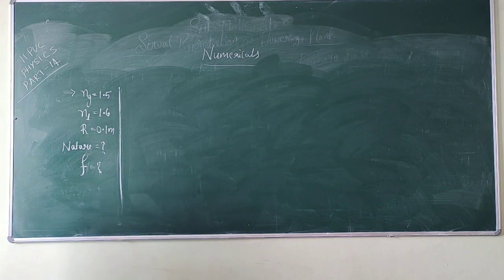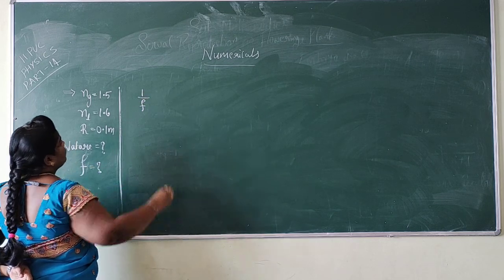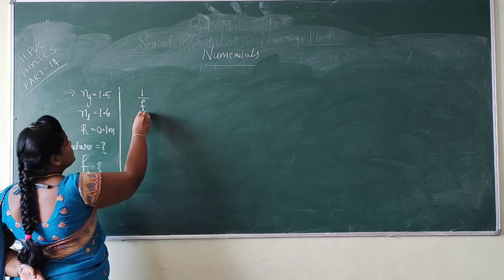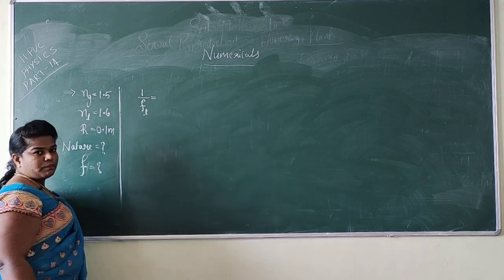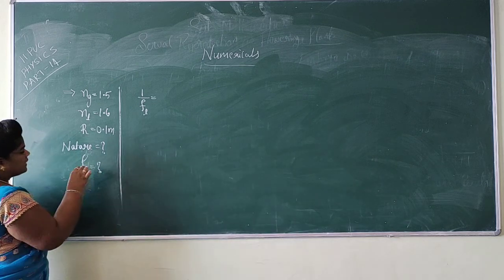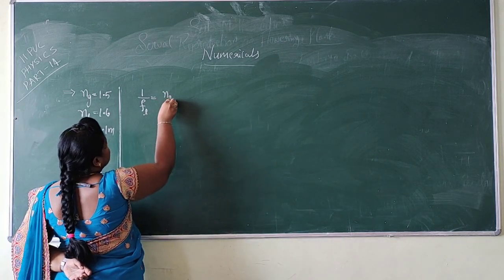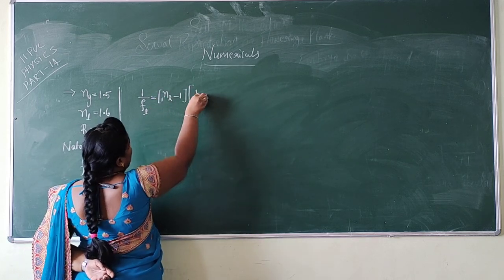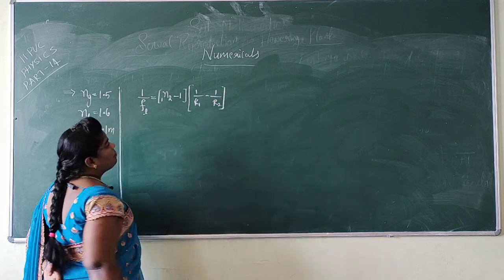So my dear students, now let us use the formula. 1/f, the focal length of the lens inside the liquid, is equal to n2 with respect to n1 minus 1, into 1/R1 minus 1/R2, right?